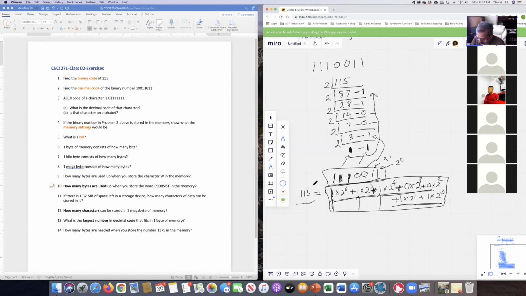This is the decimal code of the number whose binary code is this. These are both the same number in 2 different coding systems. So if I give you this binary number and ask you to find its decimal code, you have to write this expression and simplify. That'll give you the decimal number. They both represent the same number in 2 different coding systems.